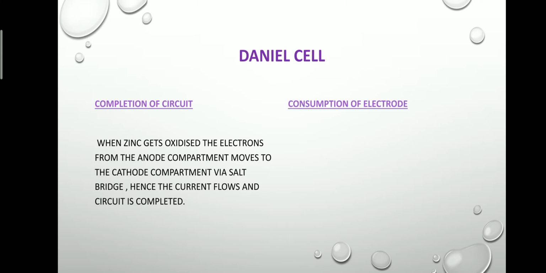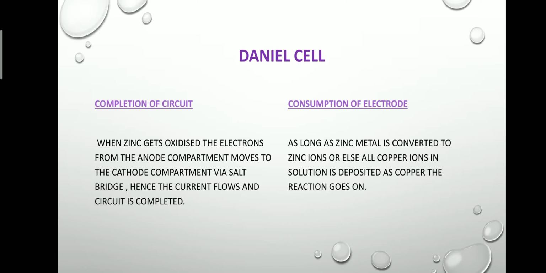Next, the consumption of electrodes. In the Daniell cell, as long as zinc goes into the zinc sulfate solution, which was taken in the anodic cell, the reaction will proceed. Otherwise, the Cu2+ ions in the copper sulfate solution, which was taken in the cathodic cell, keep decreasing in number.